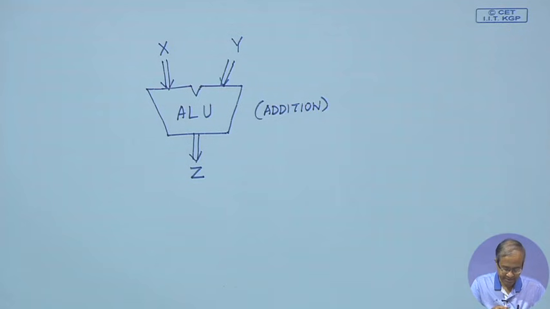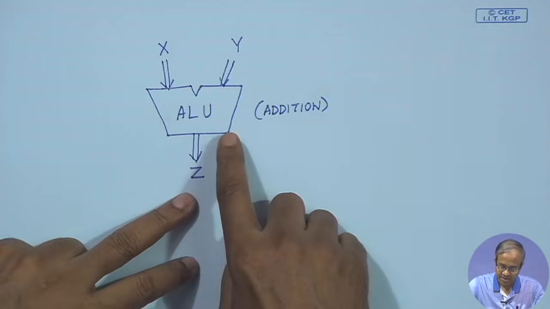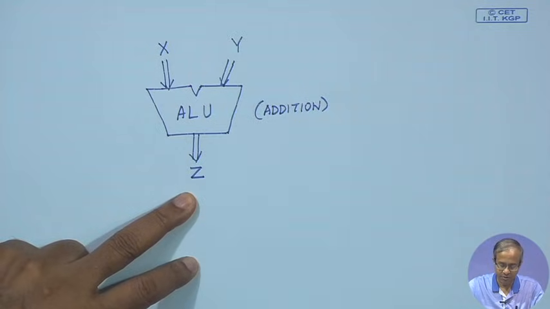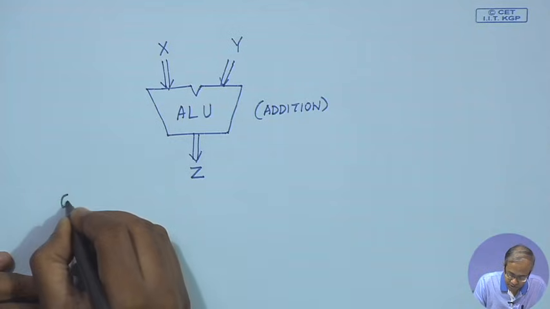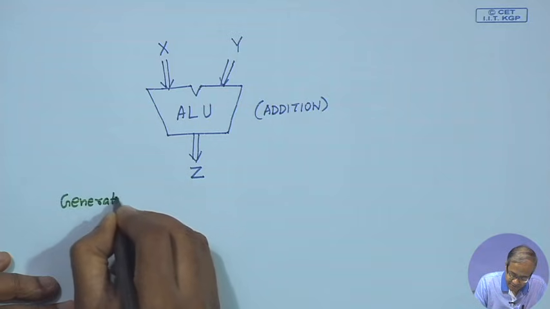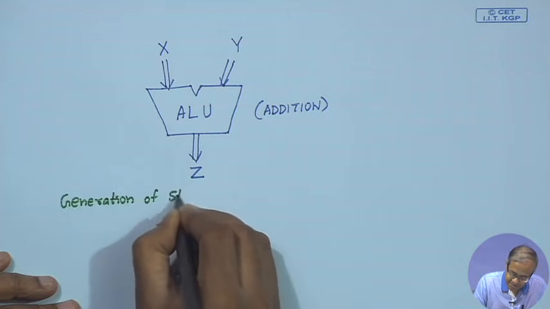The example that I will be illustrating, I shall be only talking about addition. And in addition we shall be looking at one more thing: the process of generation of the status flags.